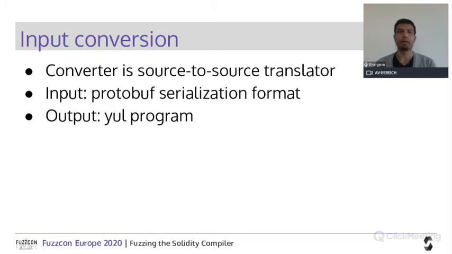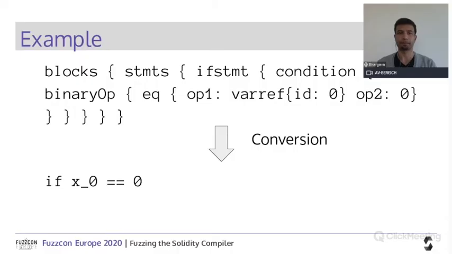For this, we write a glue program between these two components, which is conveniently called a converter because it does just that, source-to-source translation. The input to the converter is the protobuf input that is randomly generated by libprotobuf mutator, and the output is the Yul program. So it's the job of the converter to essentially translate from one to the other.